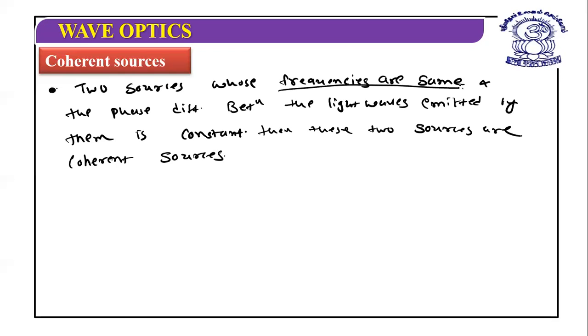Frequencies are same and phase difference between light waves is constant. It is independent of time. Then they are coherent sources. They can be obtained by same source or single source of light.